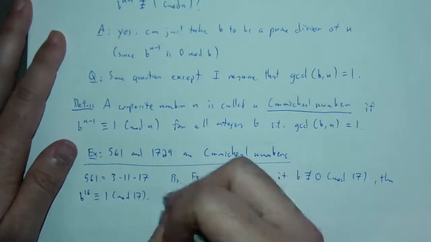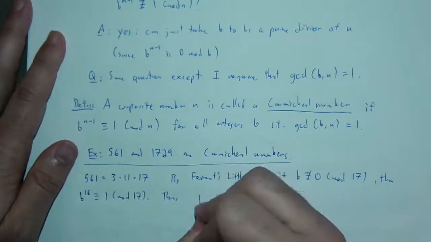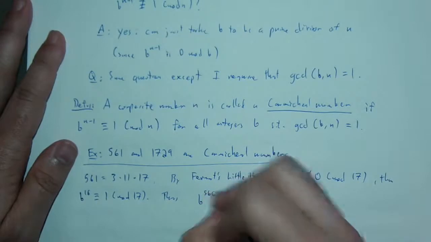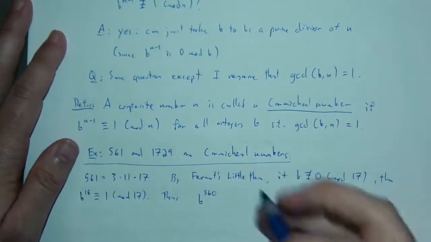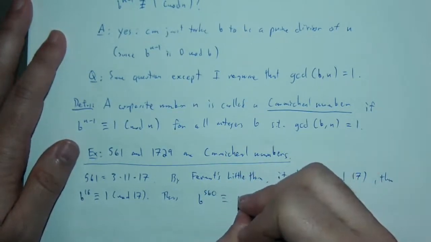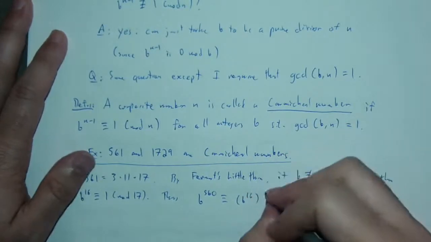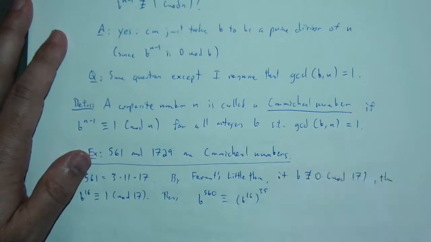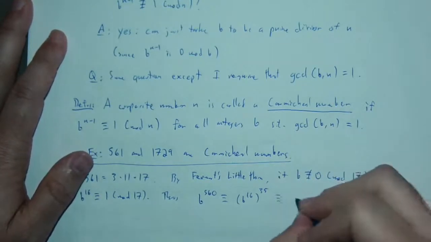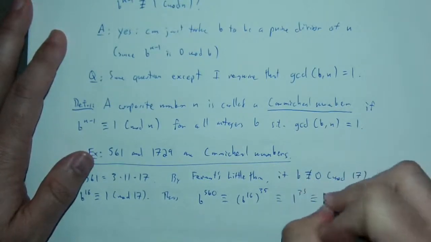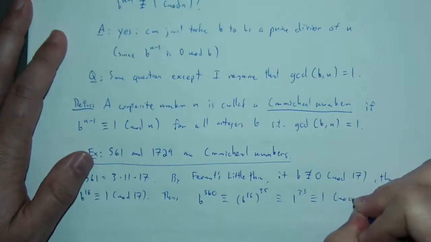Right. Thus, b to the 560 is congruent to b to the 16 to the 35, which is 1 to the 35, which is 1, mod 17.